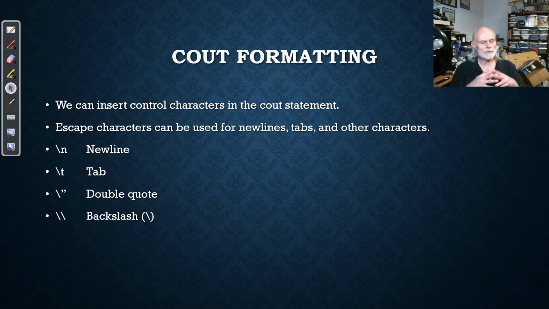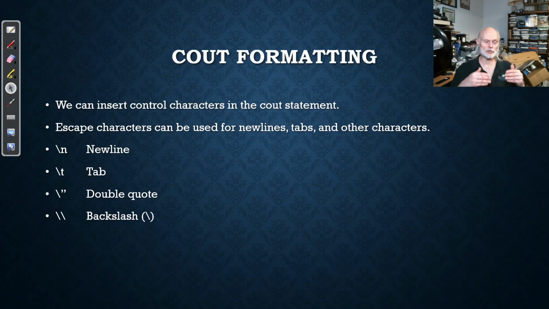Some of the things with cout for formatting is we can put control or escape characters. The backslash inside of double quotation marks is the escape character. Backslash n moves you to the beginning of the next line. Backslash t moves you over to the next tab stop, and I never use that because I want more control over spacing than the tab.